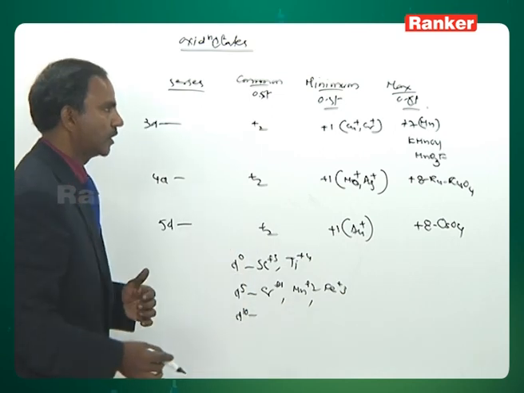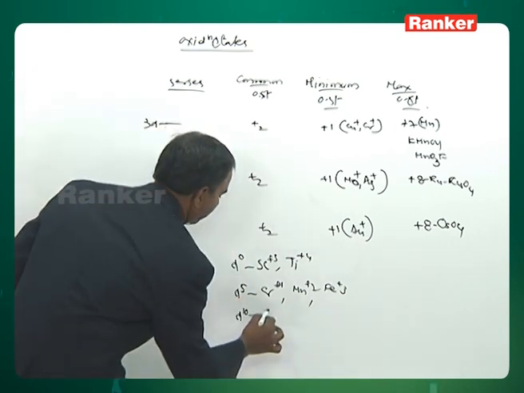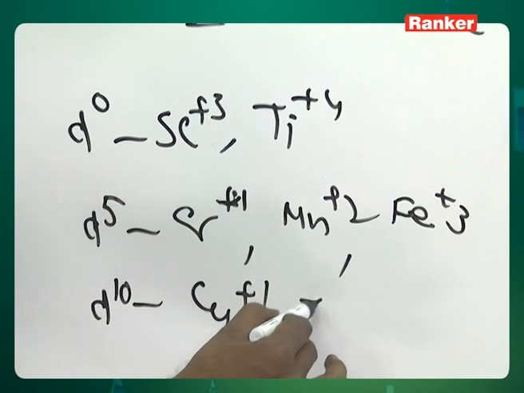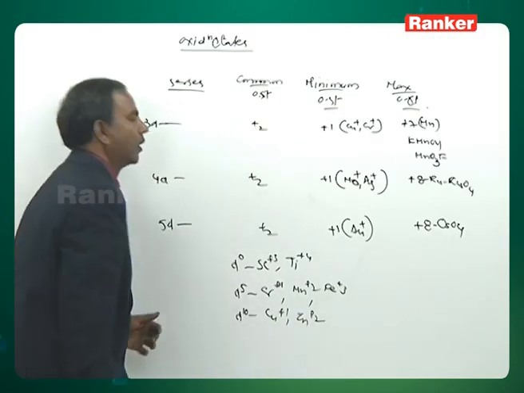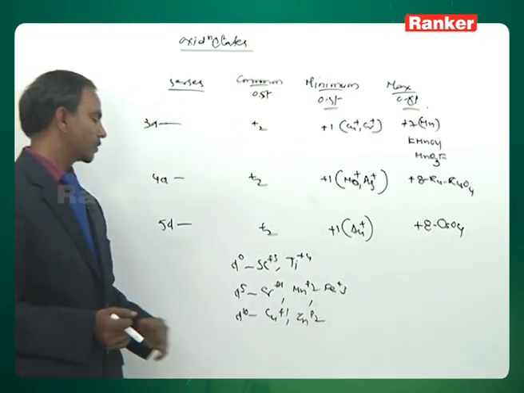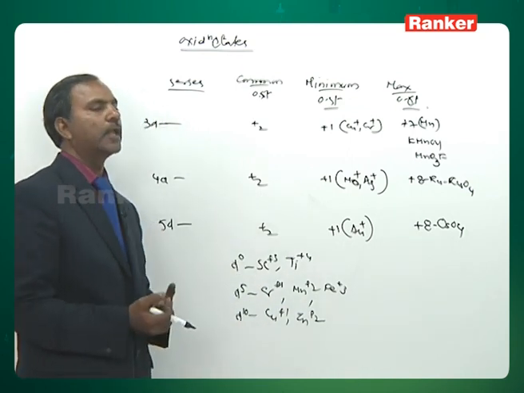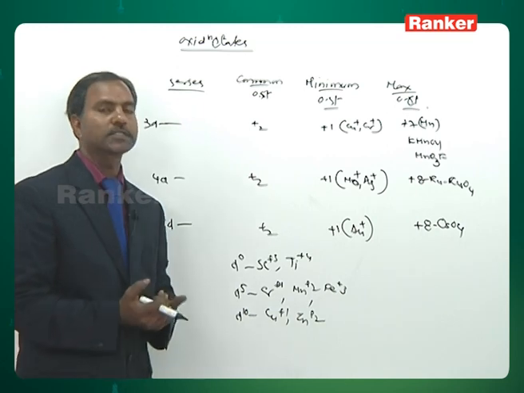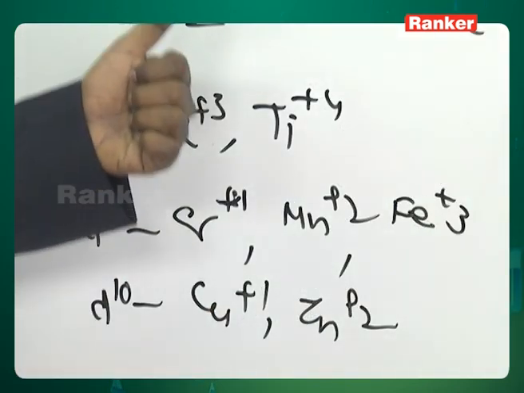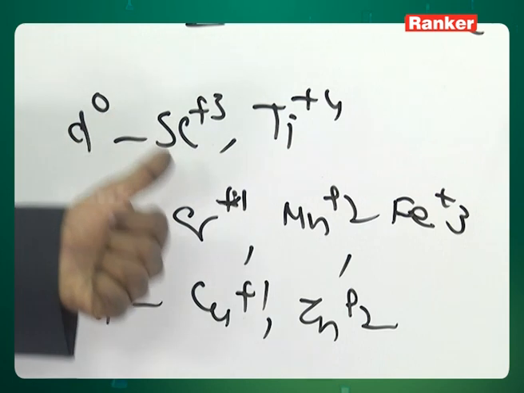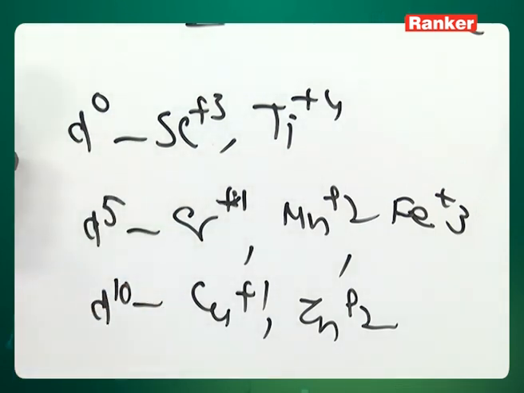Therefore, we consider them stable oxidation states. For D10, take copper +1 and zinc +2. All these oxidation states we consider stable, because in these oxidation states the metal ions gain either stable D0, D5 or D10 electronic configuration.